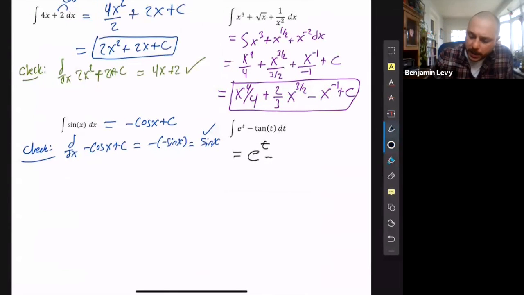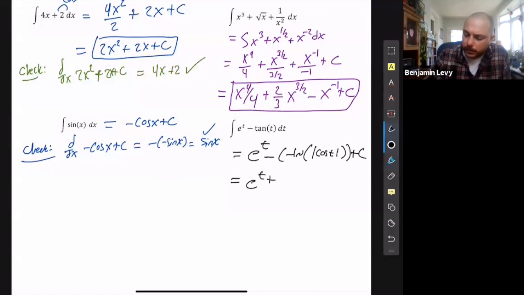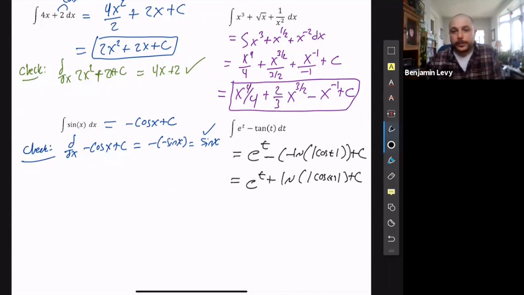We have minus, and then tangent becomes minus ln, absolute value of cosine. And so the double negatives become a plus. All right, what do you think?